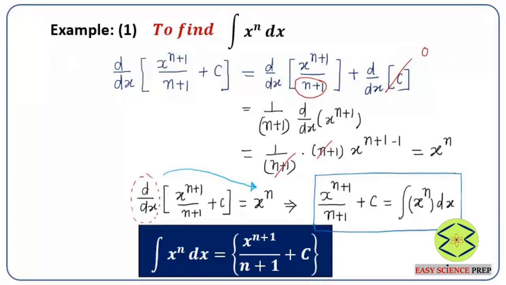Similarly, we can take another example here. We can find the integration of 1 dx. We know that the derivative of a term which contains only x, I can always add a c, because derivative of any constant function does not make any difference.